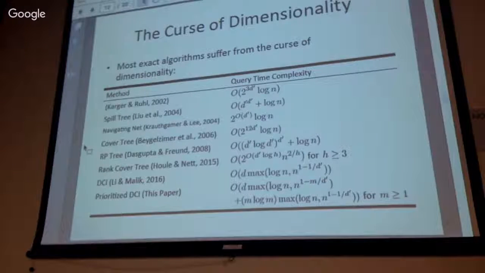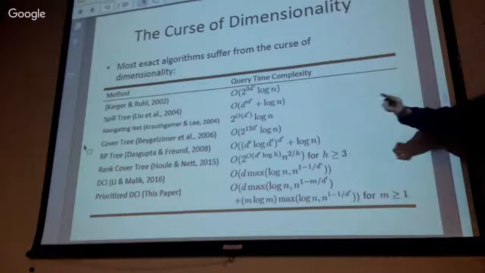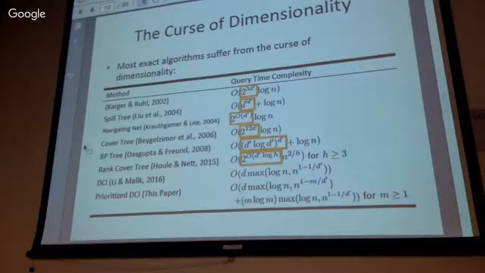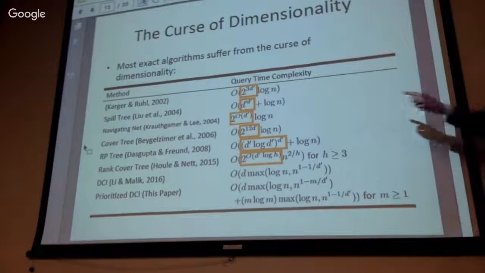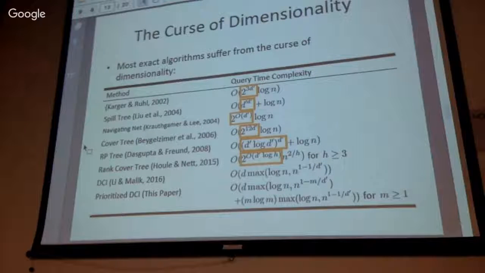The work on this actually goes back to the 1970s, and these are the state-of-the-art methods here. You can see that they all suffer from the curse of dimensionality. That is, their running time depends exponentially on the intrinsic dimensionality, which you can think of as the dimensionality of the manifold from which the data is generated.